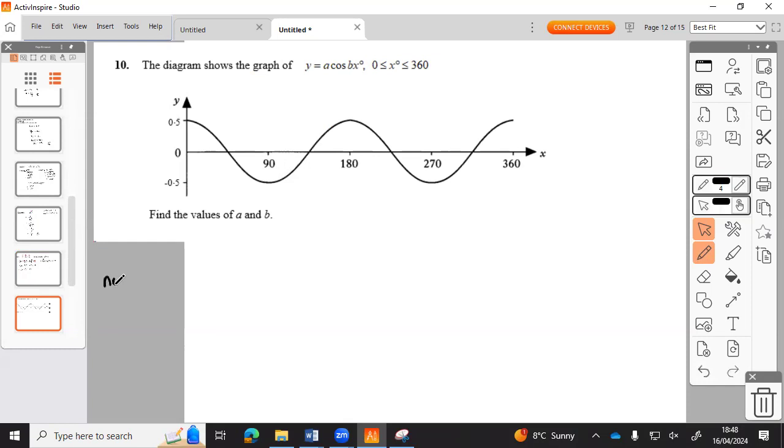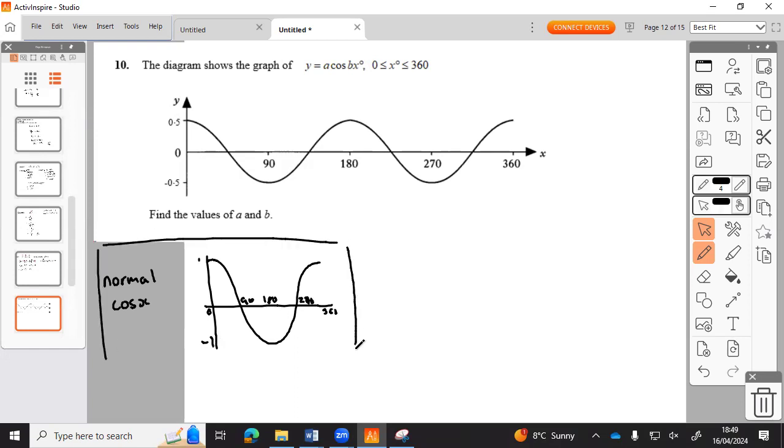A standard cos x graph goes maximum to minimum to maximum. Your normal milestones are 0, 90, 180, 270, and 360, and your maximum is 1, and your minimum is -1. So that's a normal cos x, your starting point for all this.